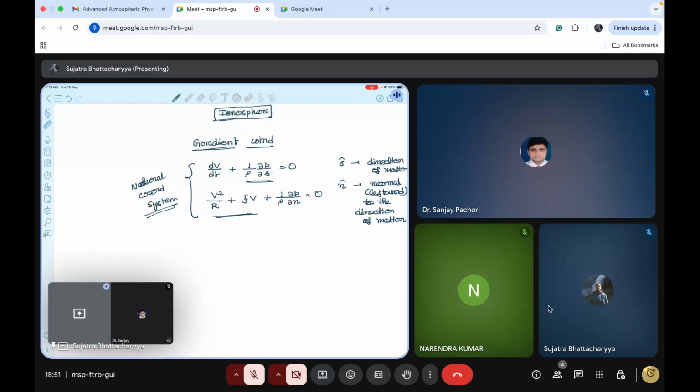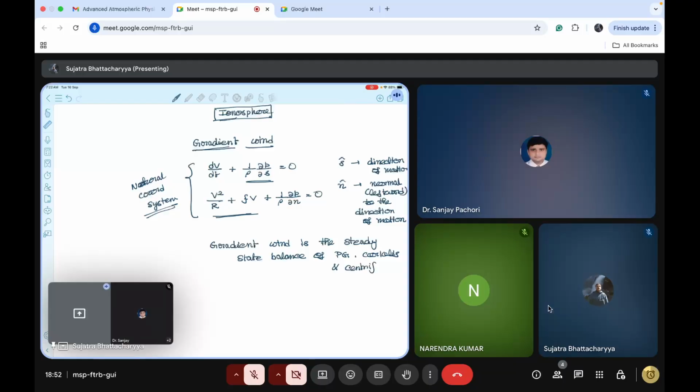So what is gradient wind? Gradient wind is established by the steady state balance of pressure gradient force, Coriolis force, and centrifugal force.